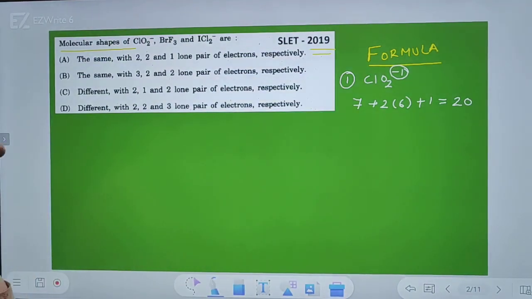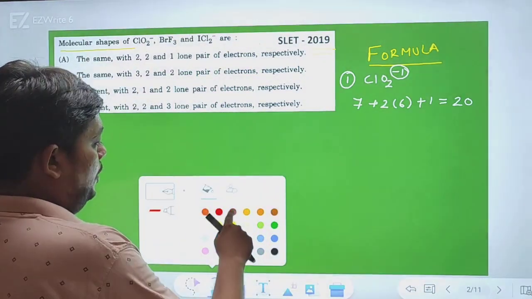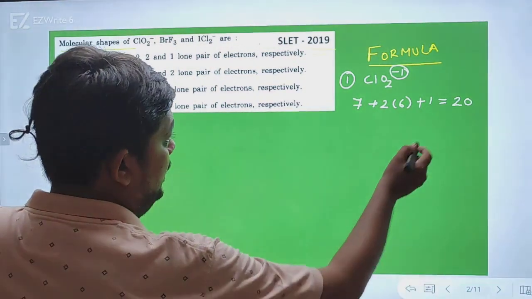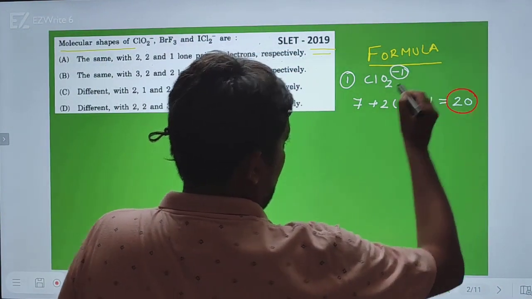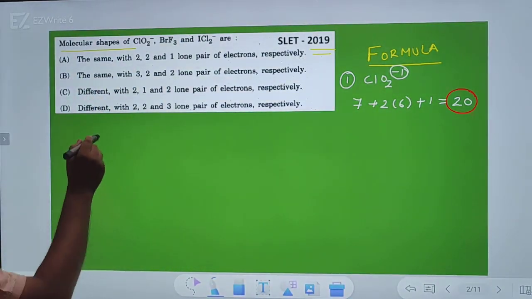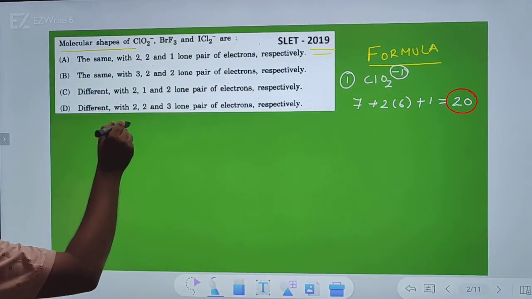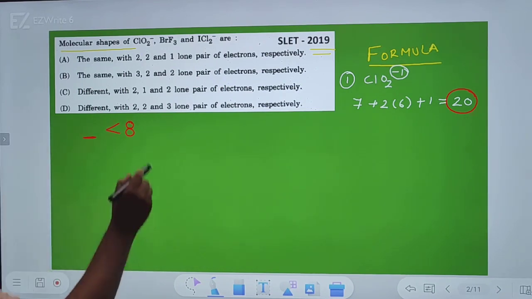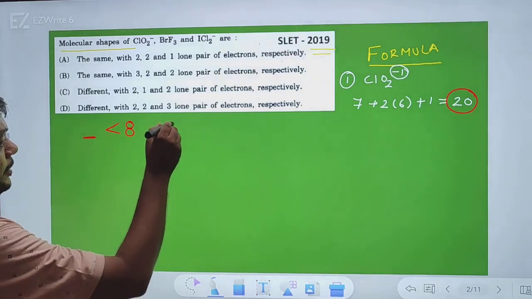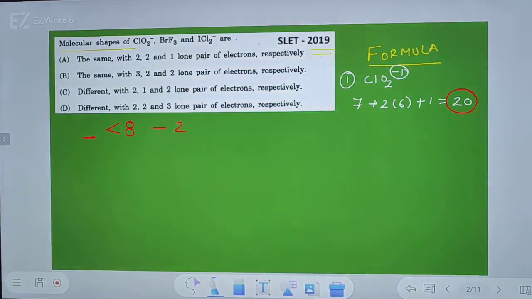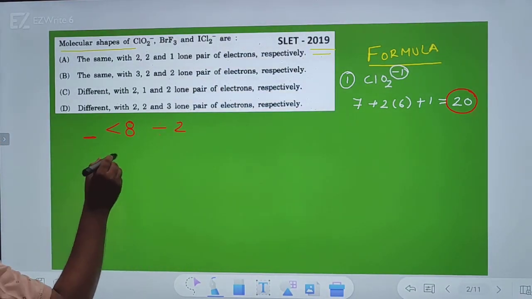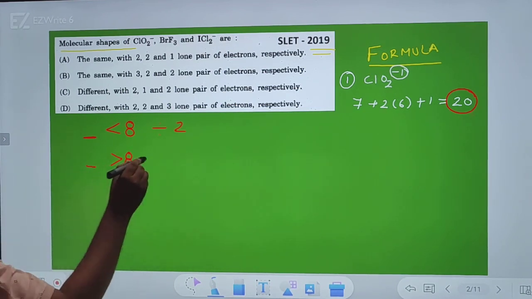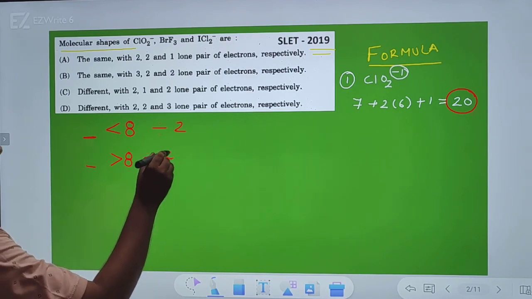Now comes the first equation. If this total is less than 8, you divide that number by 2. But if this total is greater than 8, you divide it by 8.